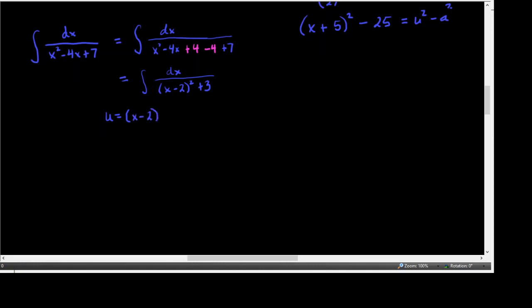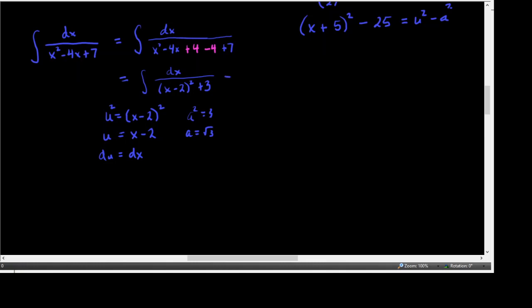Okay, so my u squared is x minus 2 squared, which means my u must be x minus 2. du, therefore, is equal to 1 dx, so just dx, which I have. So the introduction of an extra constant to deal with that is not needed. My a squared is 3, which means my a is square root of 3.